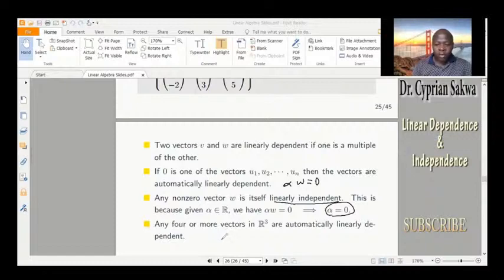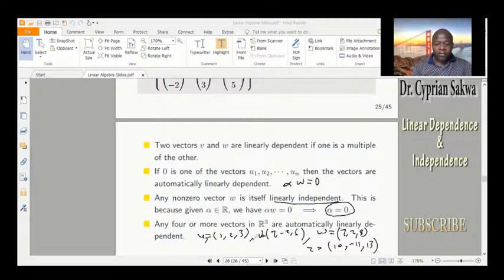There's no need of trying to find out, because supposing I'm given u in R3, let me say that u is 1, 2, 3, and v is 7, negative 2, 6, and w is 7, 2, 8, and I'm given another vector z, which is 10, negative 11, 13.